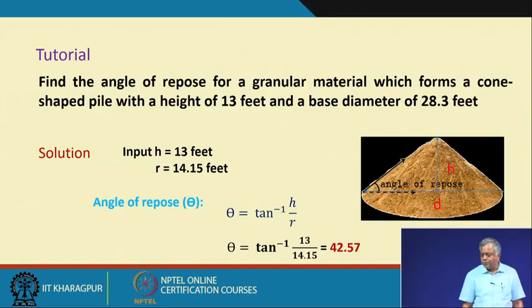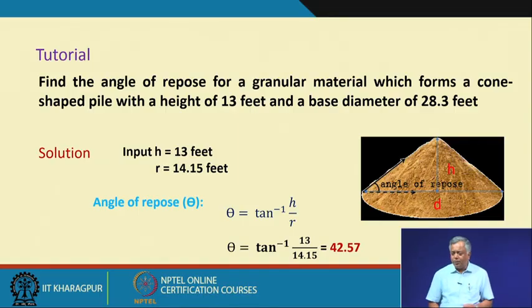Now, what do I do with this number? Suppose I have another grain that gives me a theta of 30 degrees, and another particle whose theta is 60 degrees. So, I know what the required base should be.